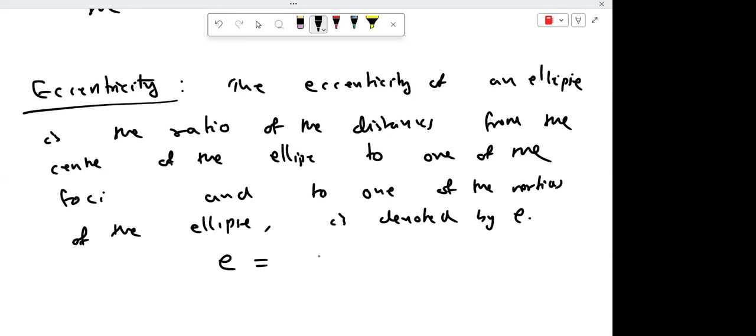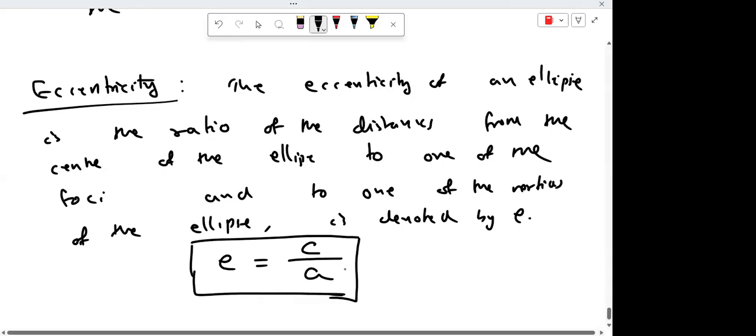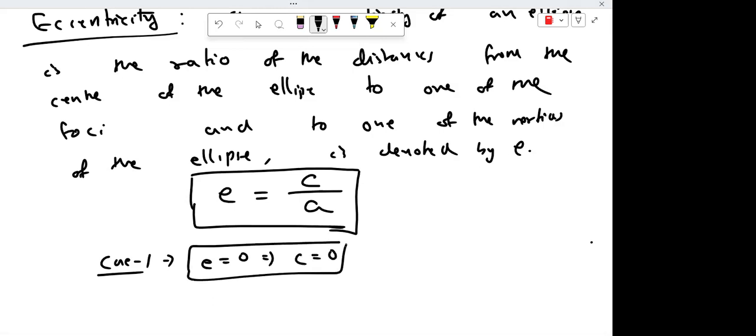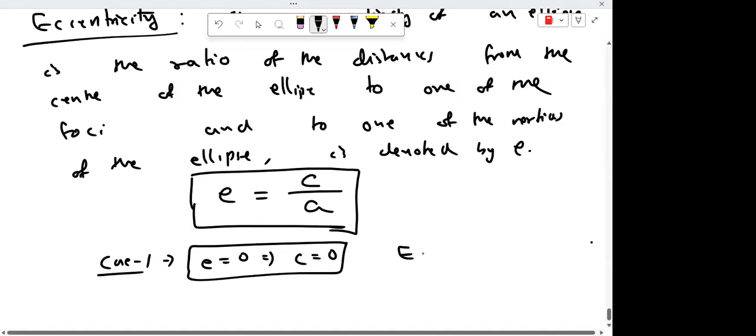Very simply, the focus and origin distance is C, and E is C by A. Very simple. Don't remember the definition; remember, in an ellipse, E equals C by A. So in special case 1, when E equals 0, this means C will be 0, and when C was 0, the ellipse was a circle.